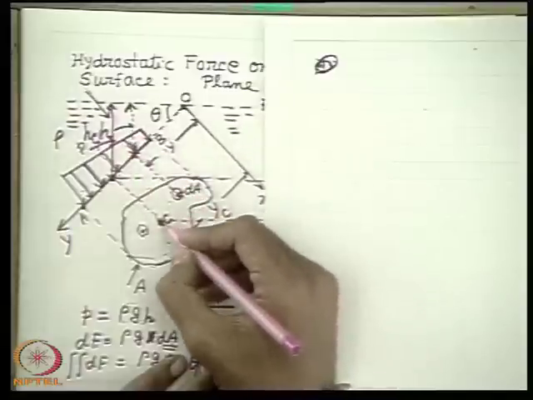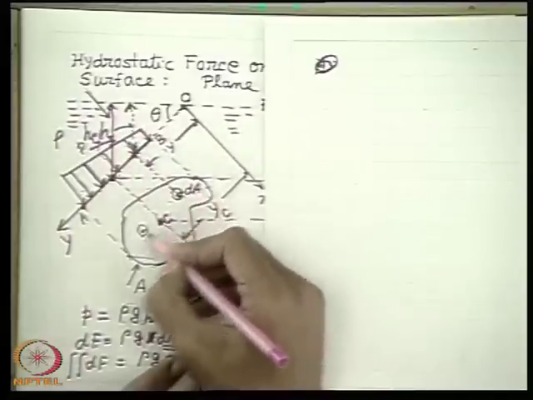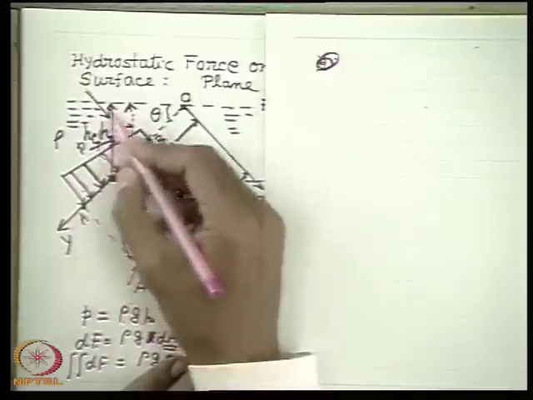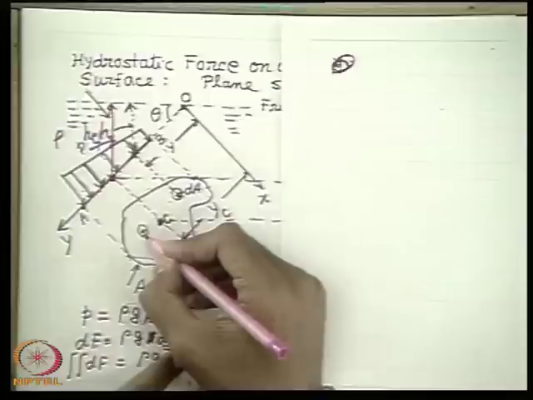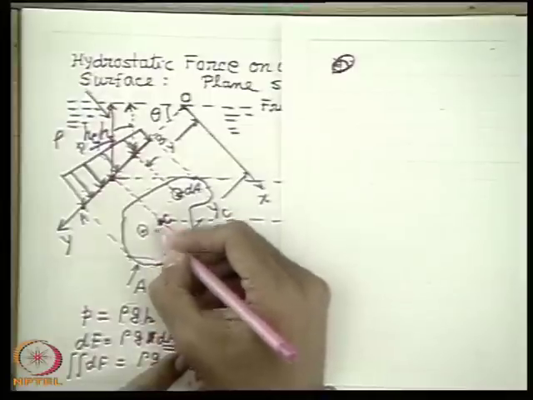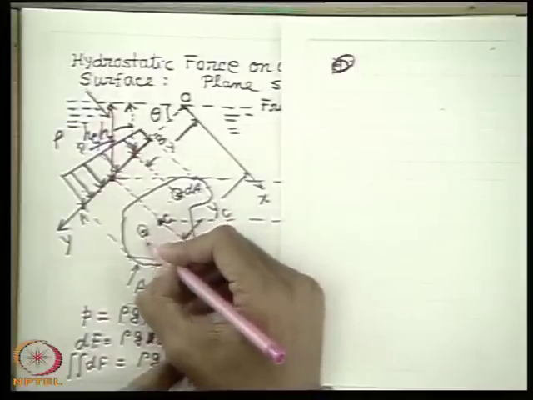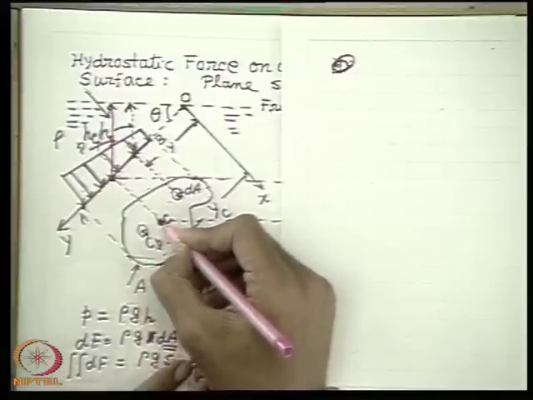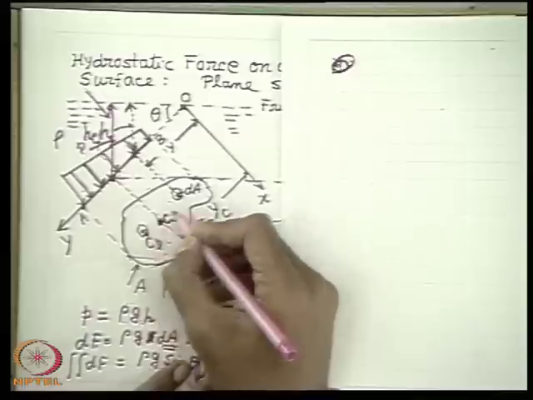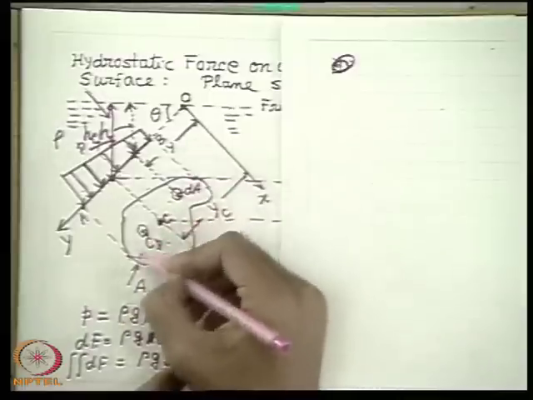It is common sense that as we go below the free surface, the pressure is more and more. Therefore the center of pressure, if we denote this Cp as the center of pressure, will lie beyond C, the center of area, towards the depth of the fluid.